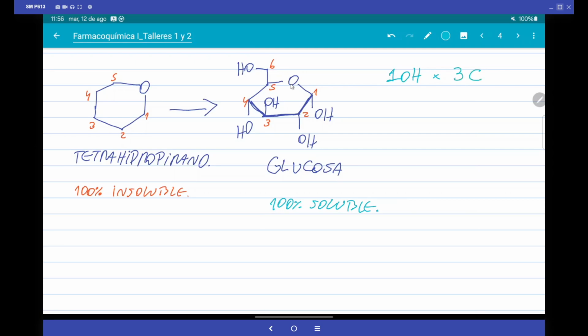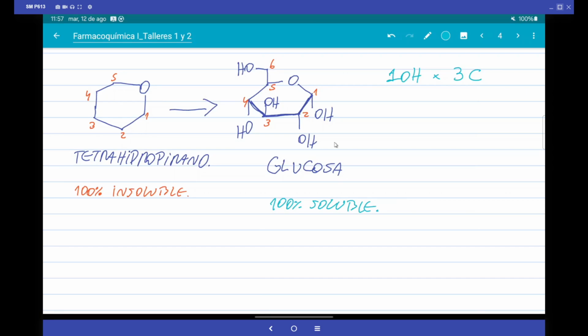And then how much could theoretically be solubilized by all that? Because we have 1, 2, 3, 4, 5 hydroxyls, 5 times 3, 15 carbons, and perhaps a little more, although that gives us a lot. 15 carbons is enough, because here we have 6 carbons. So you see, one can predict.